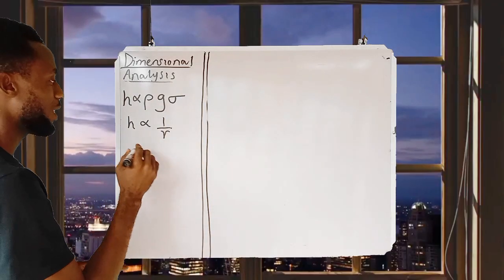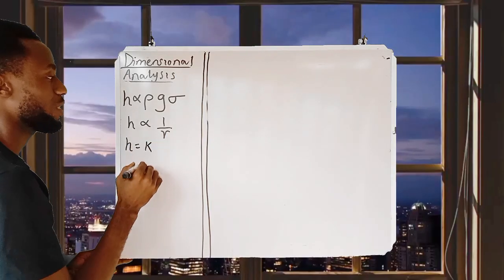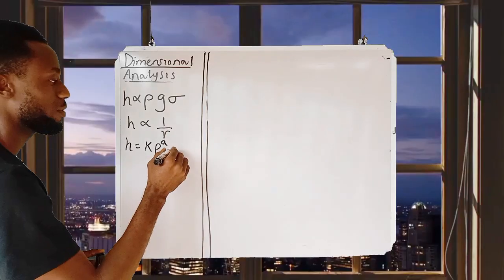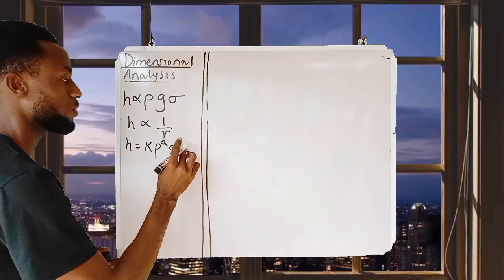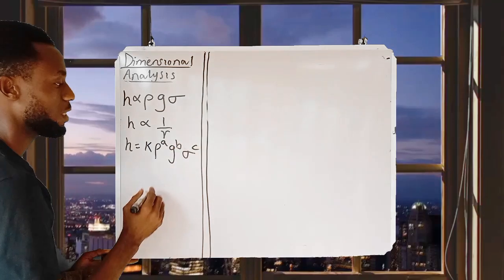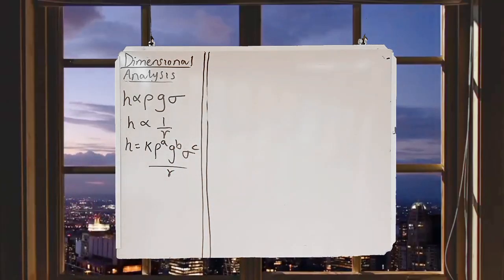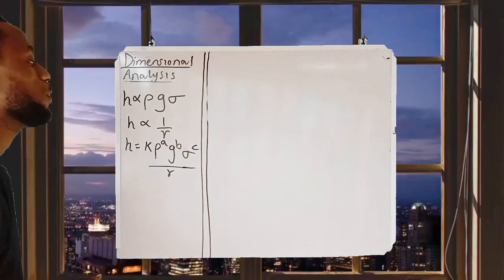So joining them together, my H becomes equal to an unknown constant, density with an unknown power, gravity with an unknown power, surface tension with unknown power C, all divided by radius. Now radius need not be given any power because it has been experimentally proven.